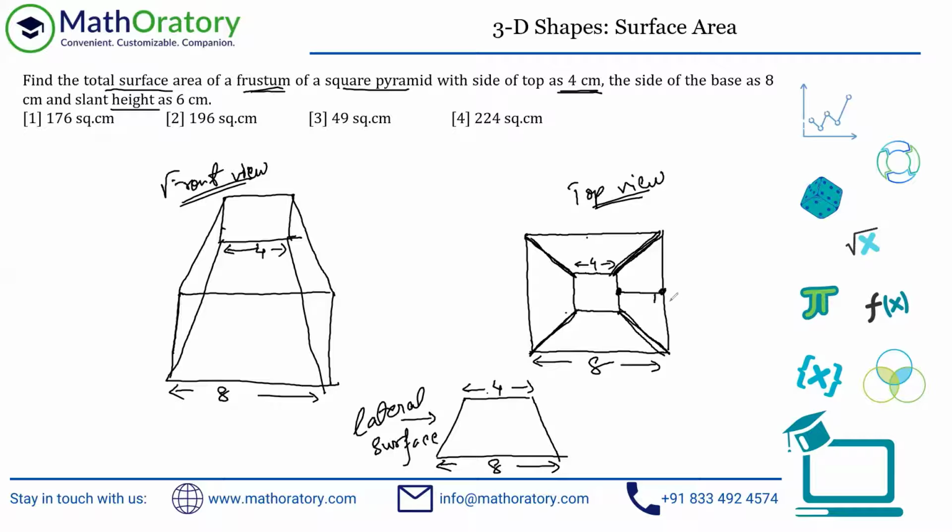Basically, this will be perpendicular to this edge, and this will be perpendicular to this edge. If you translate this to the trapezium here, it should be this one, right? So this is the slant height, that is 6 in length. That's what it says, right? The slant height is 6 centimeters.